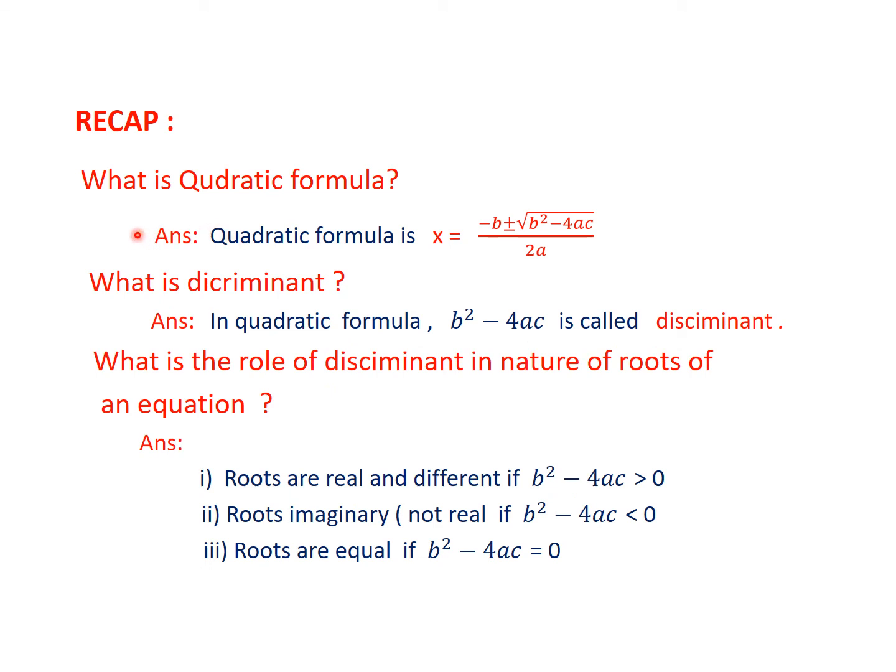Recap. What is quadratic formula? Answer. Quadratic formula is x is equals to minus b plus minus under root b square minus 4ac over 2a. What is discriminant? Answer. Expression under the radical sign, that is b square minus 4ac, is called discriminant. Then question is here. What is the role of discriminant in nature of roots of an equation?